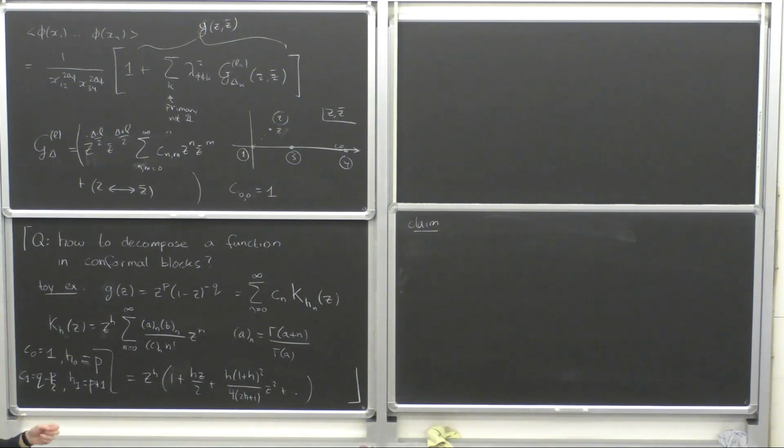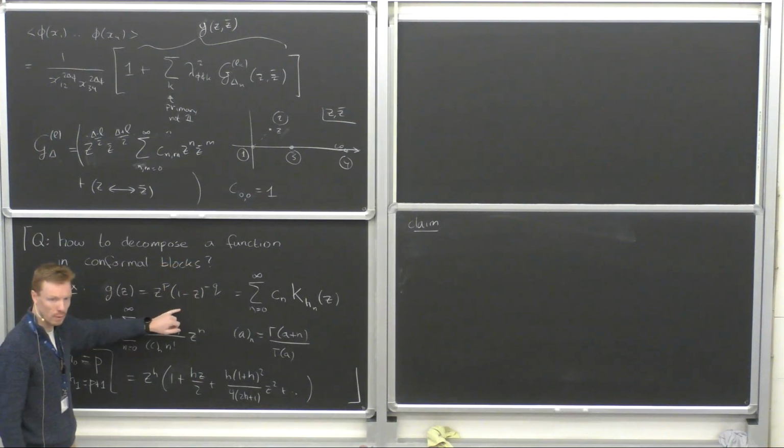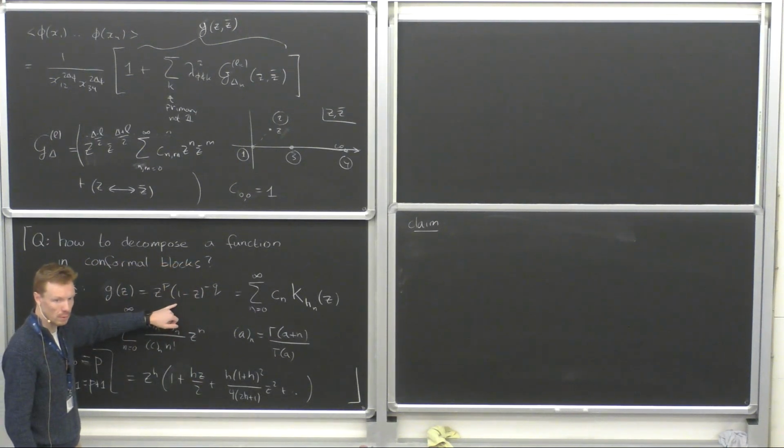Question: why did you add a C1 that you didn't see in the toy example? Because I need infinitely many conformal blocks to decompose this function.